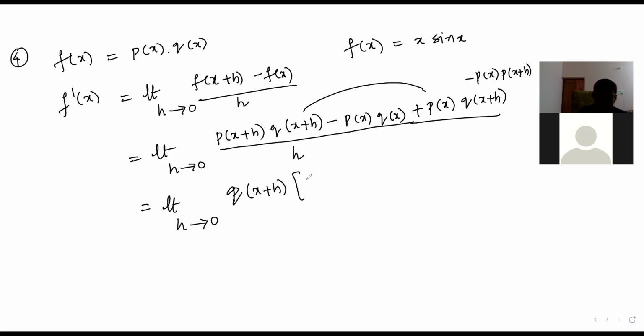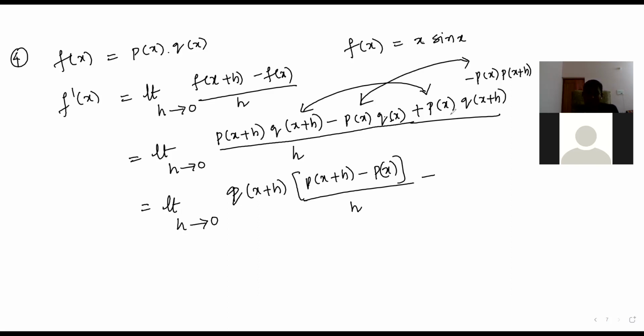Then what we get here is p of x plus h minus p of x by h. Hope you understand. These two terms I have taken. Another two terms are remaining here. What is that? These two terms are there. Yes or no? This added.